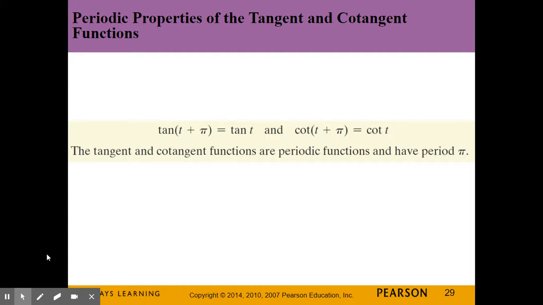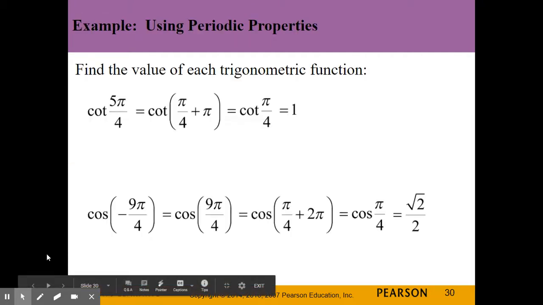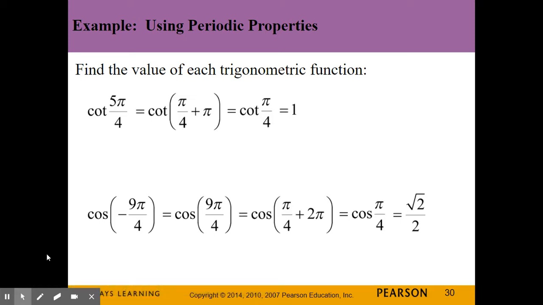But when you're talking about tangent or cotangent, since it's sine divided by cosine or cosine divided by sine, if they both flip, one becomes positive and the other becomes negative, it's still going to be the same end result. So that's why it only takes halfway around the circle for tangent or cotangent to recycle. So their period is just pi. We didn't talk about it, but secant and cosecant, theirs are 2 pi because they're just the reciprocals of those.